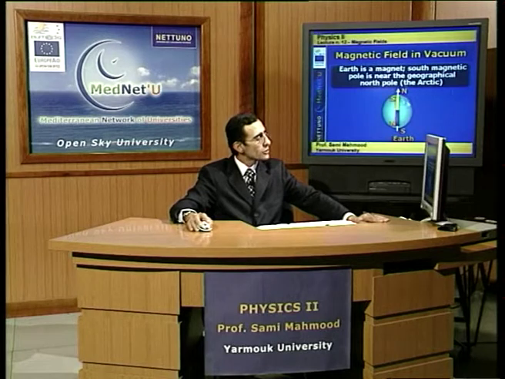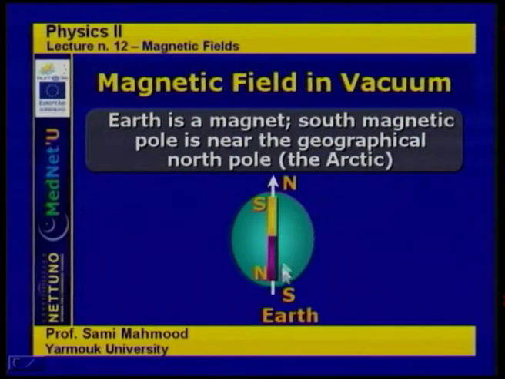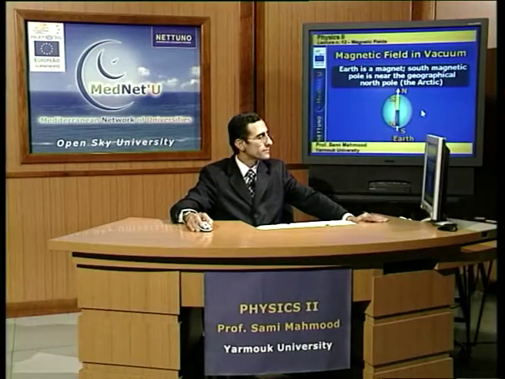This is how it looks if Earth is this globe. This is the geographical north, and this is the geographical south. If we view it as a magnet, then the S magnetic pole is near the northern geographical pole, near the Arctic.